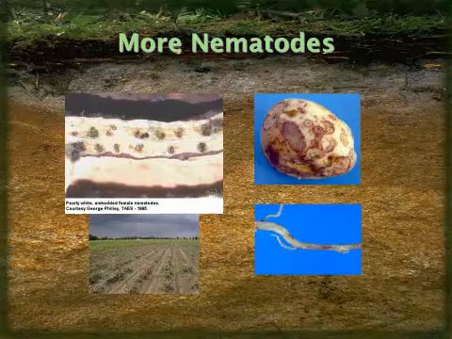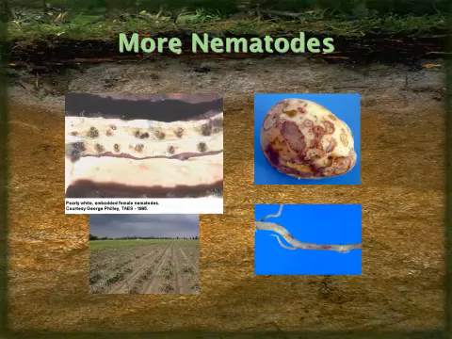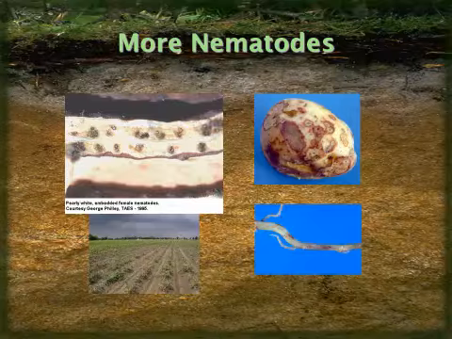Lastly, on the bottom right, that's a small root where the nematode has burrowed in, and that dark red to brown looking tissue is diseased because the nematode went in there and the root was infected. So very bad. They cause lots and lots of damage every year, and so that's why we have to control these things.